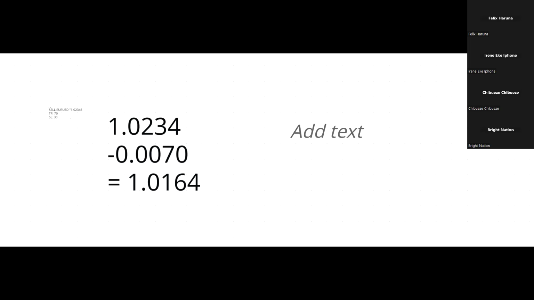Okay, so let's look at our stop loss. Our stop loss is 30 pips. So we come back here again. Sir, I thought when we are doing take profit, we are adding, and when we are doing stop loss, we are subtracting.